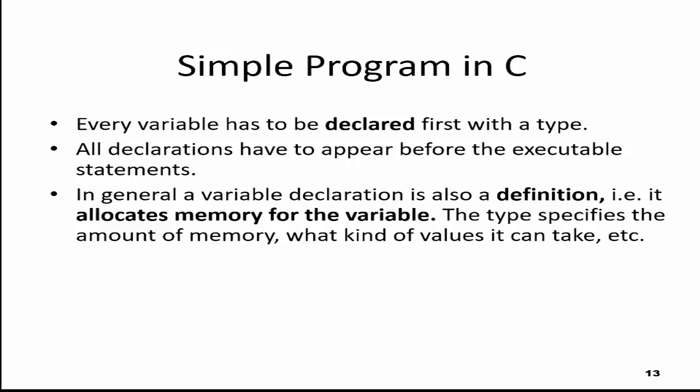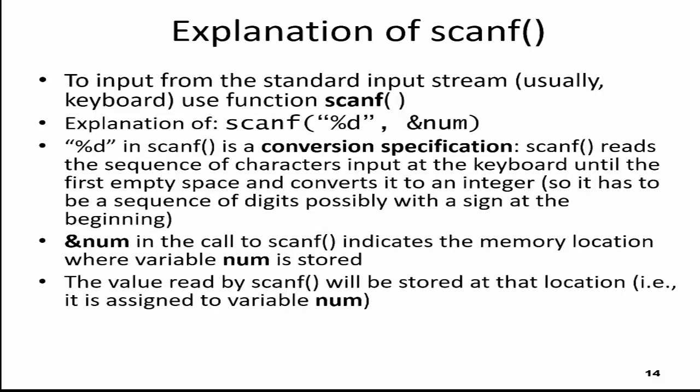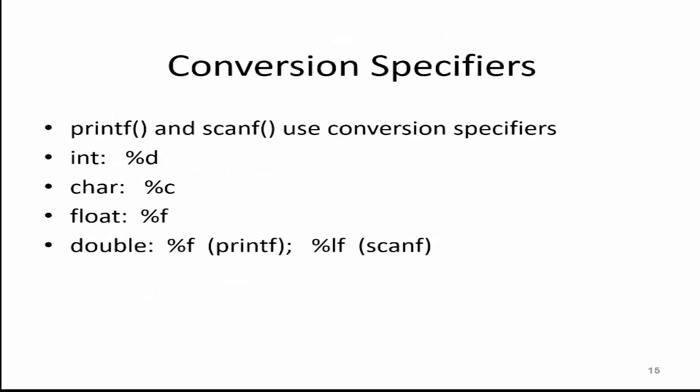As I said, you have to define your variable, and all declarations have to be before using the variable itself. We will come to defining variables in the next lecture, so don't worry about that. We already explained the scanf, and these are the specifiers for f. Oh, this doesn't have to be int only.